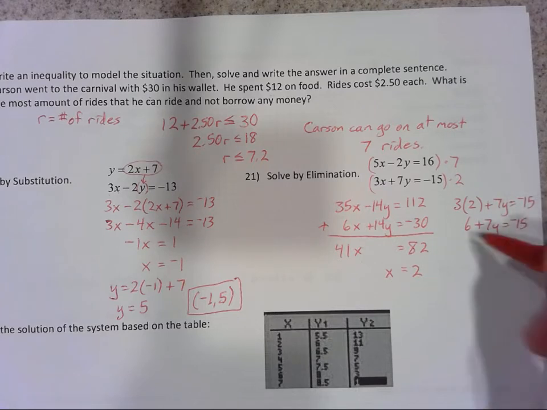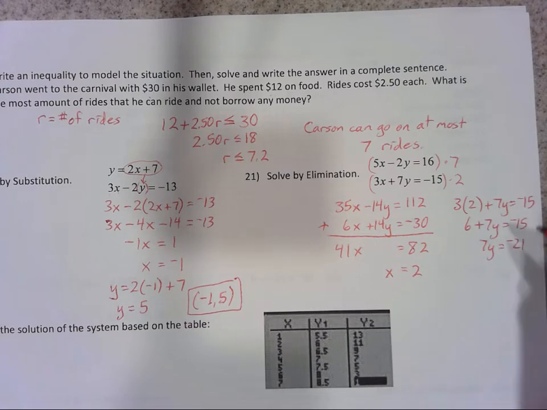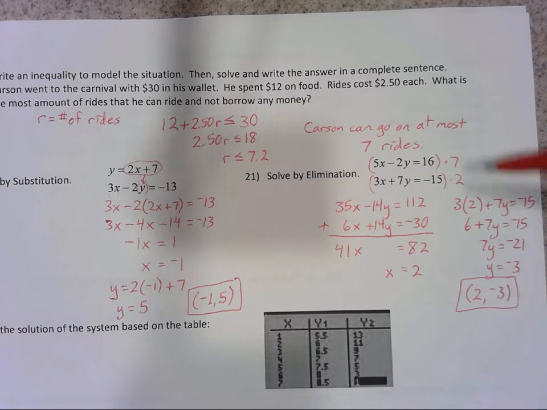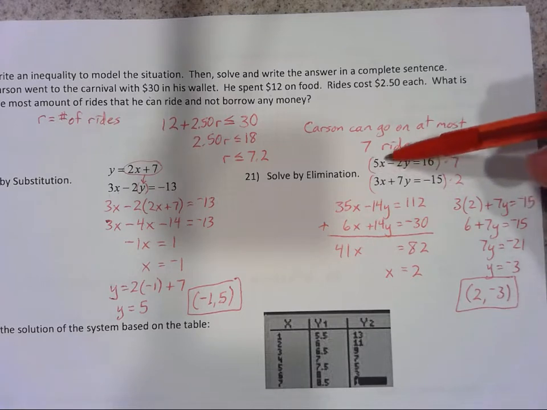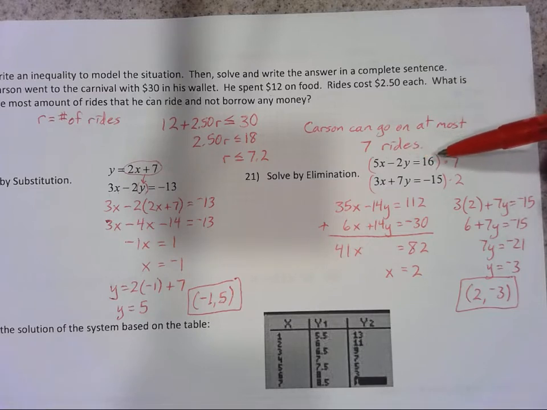Subtract 6 to get negative 21. Divided by 7, y equals negative 3. So my solution is 2, negative 3. Check that by plugging it back into the other one. 5 times 2 minus 2 times negative 3, and that does equal 16.